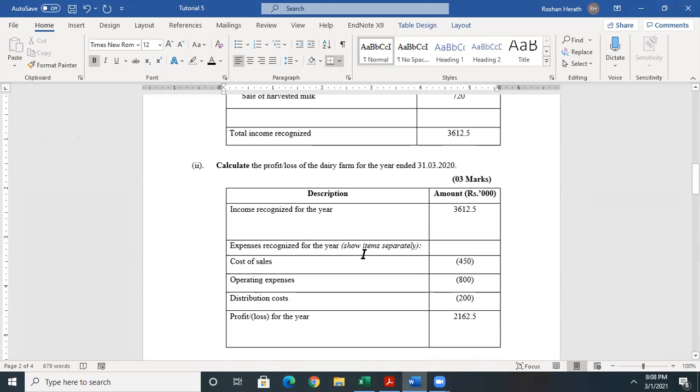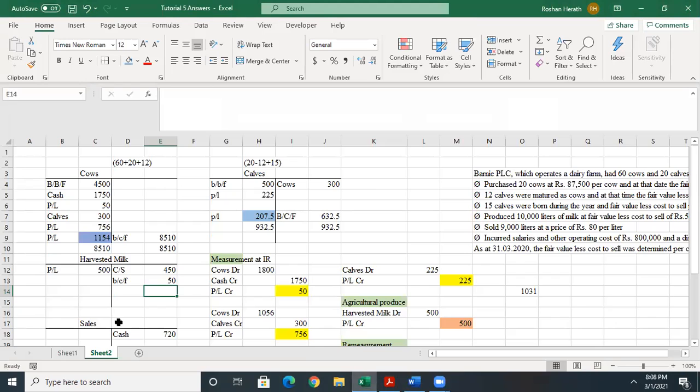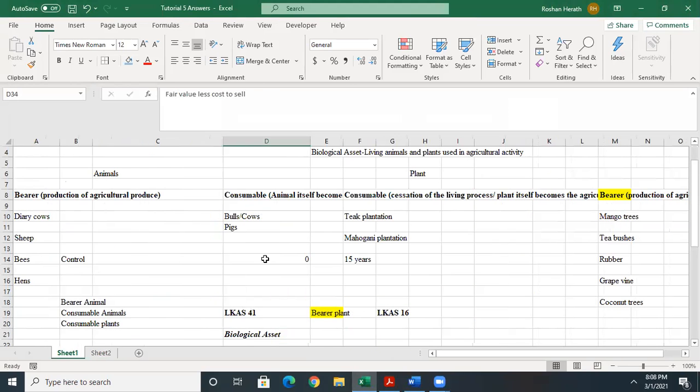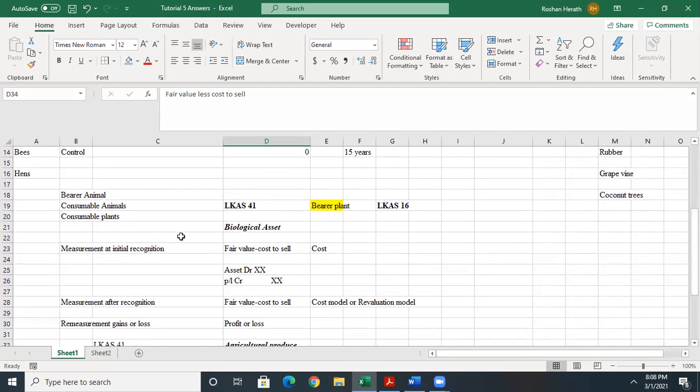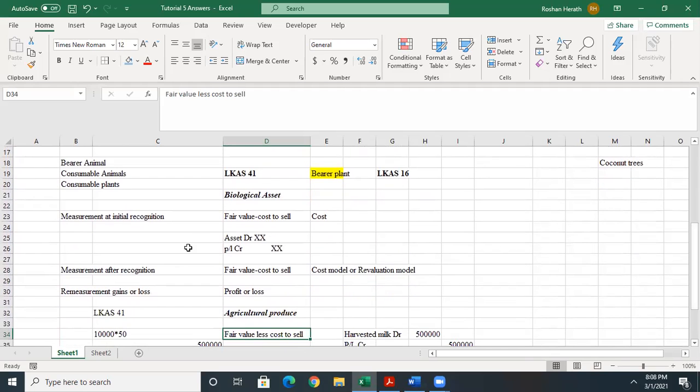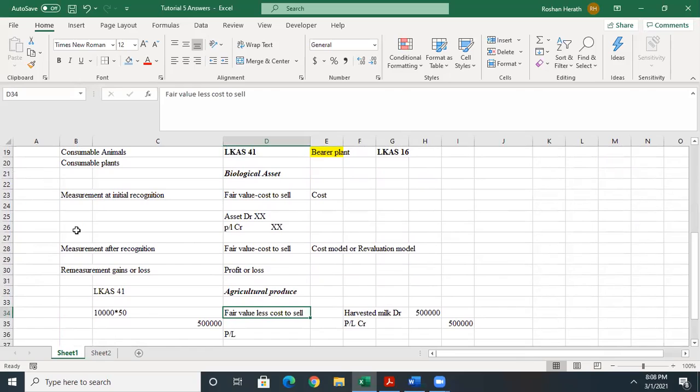So if you take the things in a systematic way, it's just applying them. So it's about a kind of rough sketch that you need to have: the different kinds of categories, what is accounted for under LKAS 41, and what about the LKAS 16 application, and how about the initial recognition, the measurement after recognition, remeasurement, gains and losses, and here also the gains on the initial recognition, no?